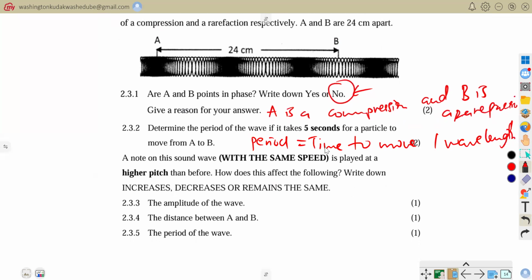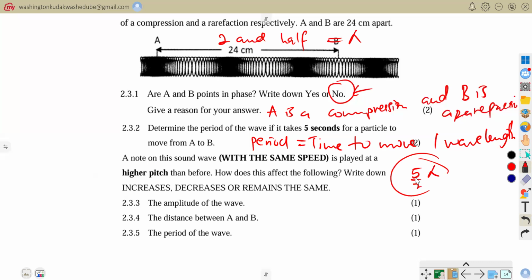So we need to know how many wavelengths we have between A and B. We said we have 2.5 wavelengths.